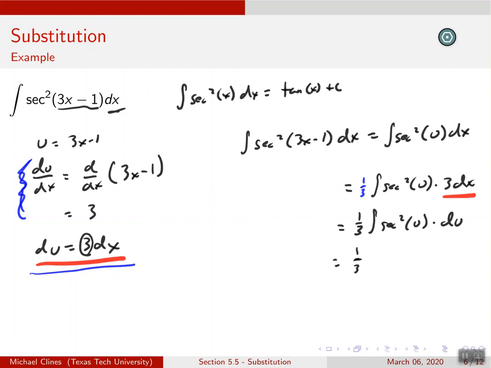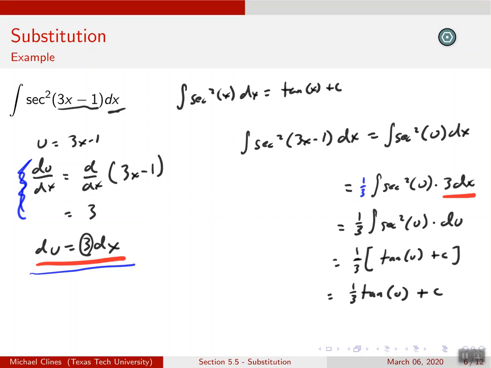But we know that the integral of secant squared of x dx is equal to tangent of x plus c. We get 1/3 times tangent of u plus c, which is just 1/3 tan u plus c again. I know, lazy, should be 1/3 the constant. However, it's just a constant, we don't know what it is, so we don't care. We're just going to call it c and move on with our lives.